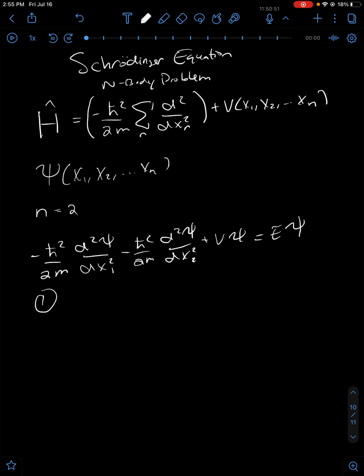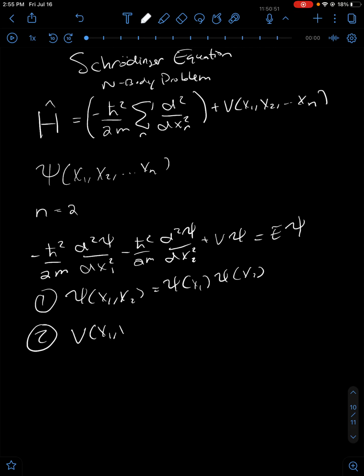Now these only hold when our assumptions are met. Number 1, we assume that psi of x1 and x2 is separable, like we always do in physics. So we have psi of x1 times psi of x2. Number 2, we assume that our potential V of x1, x2 is also separable as a sum.